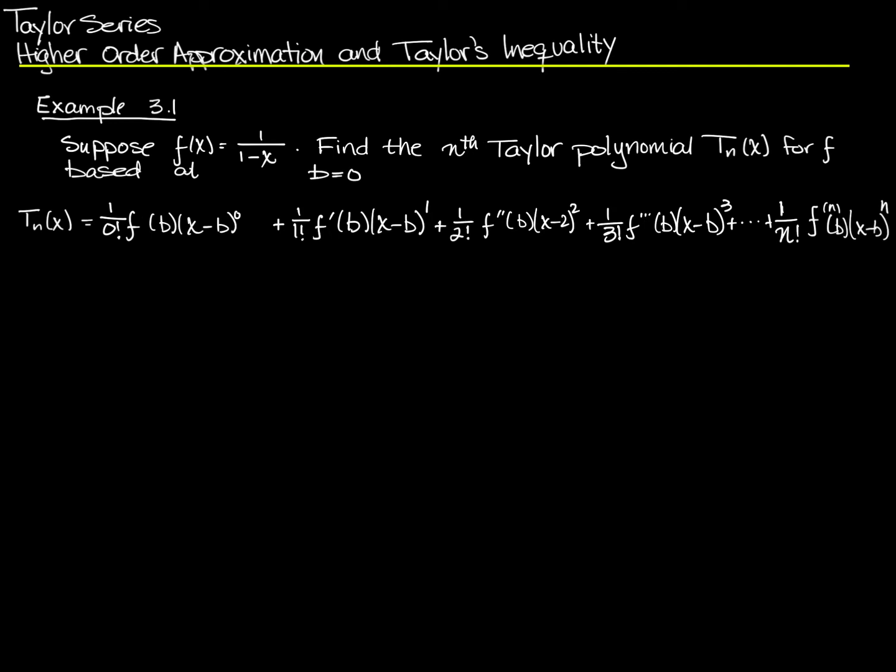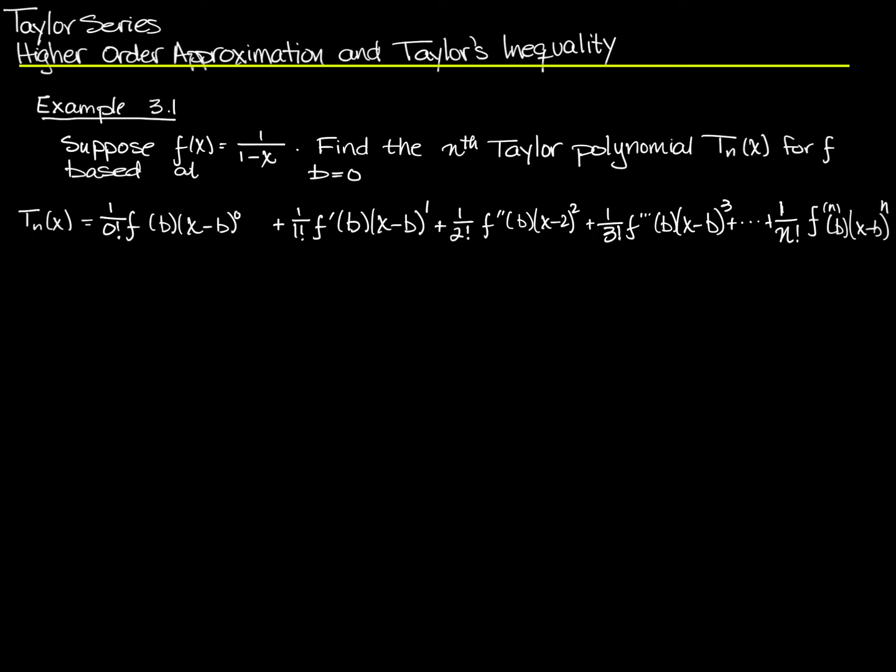Let's go ahead and do the first several terms and see if we can come up with a pattern. Keep in mind that we're dealing with a specific function here. This is the generic Taylor polynomial for any function f of x, but we're looking for a Taylor polynomial for a specific function. So I'm going to start by taking the first, let's see, 1, 2, 3 derivatives.